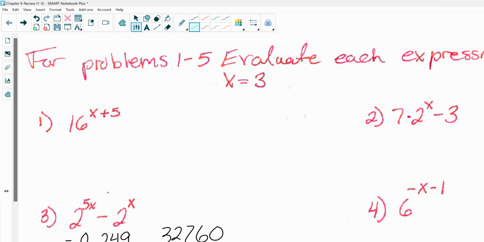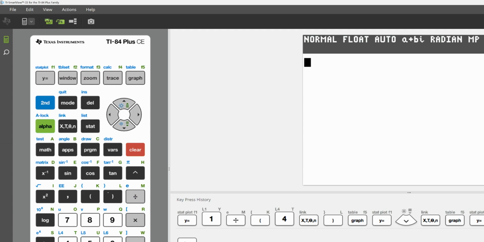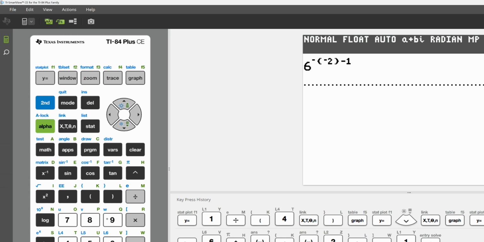6 to the -x minus 1. I can do this with the 30XS if we want, or the TI. 6 to the -x minus 1. And we have this here.